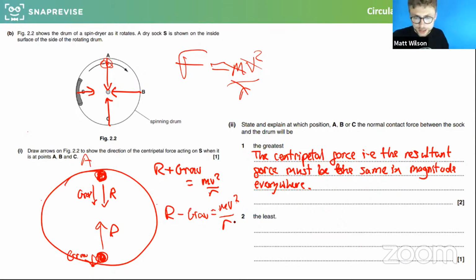So that's a really in-depth explanation. You don't need to say all that for the examiner. The examiner would say the centripetal force must be the same in magnitude everywhere.